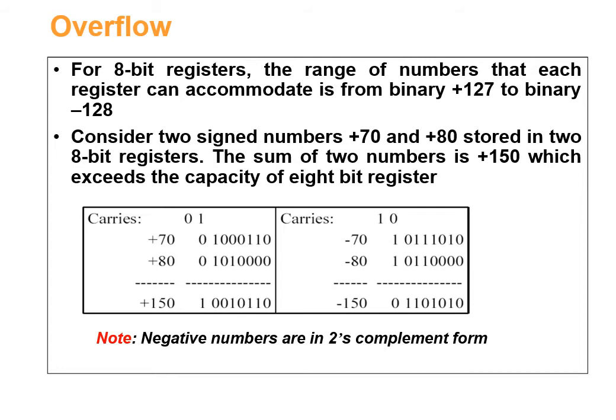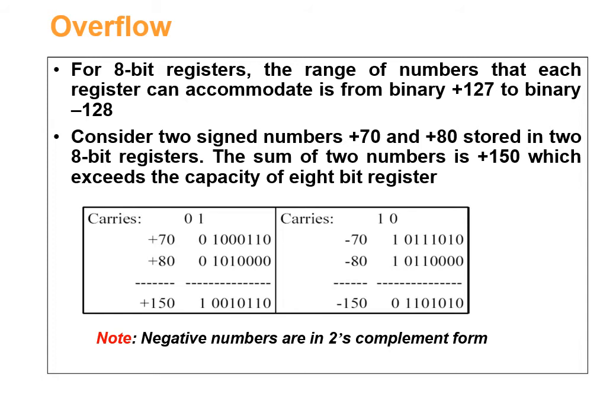It means when we add minus 70 and minus 80, it produces a result of minus 150, and in binary it produces the result 01001110, and the most significant bit or the leftmost bit is equal to 0. 0 means that the number is positive, but this number is negative, so here an overflow has occurred.